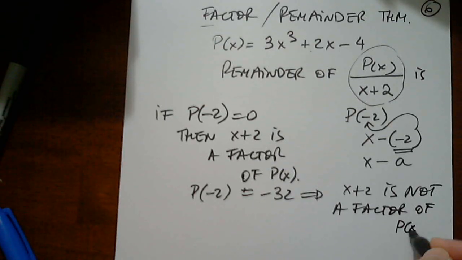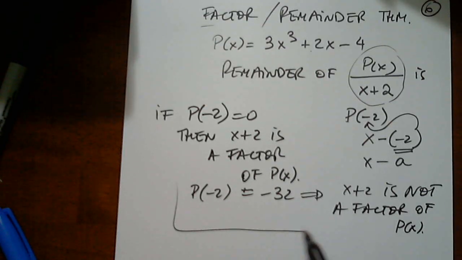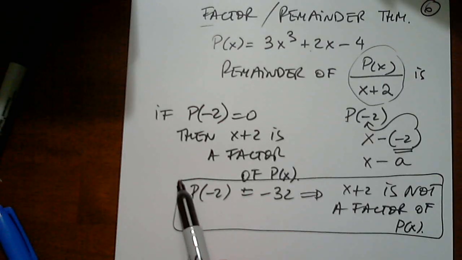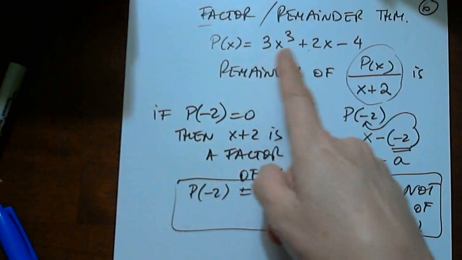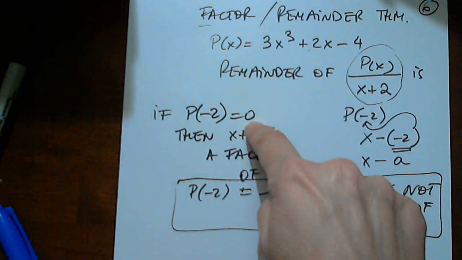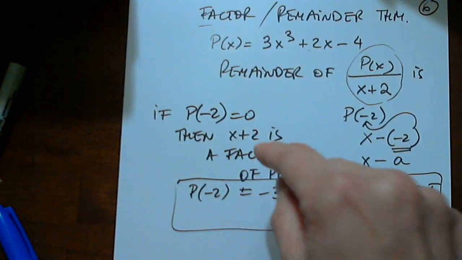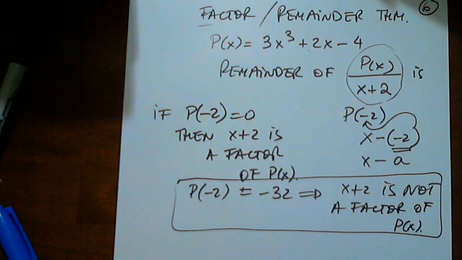of p of x. This is very important for Calc 1 when you will see when we calculate limits. Very important topic to remember. If I plug in a number in a polynomial and I get 0, then x minus that number is a factor of that polynomial.